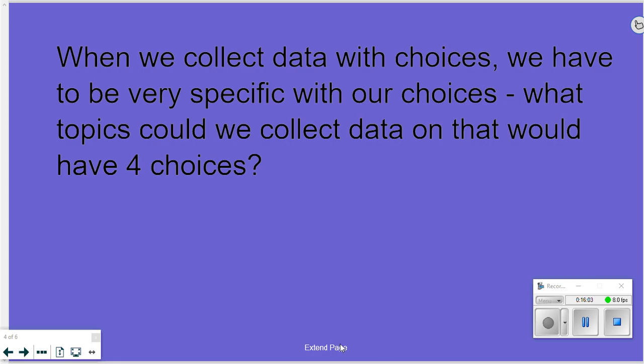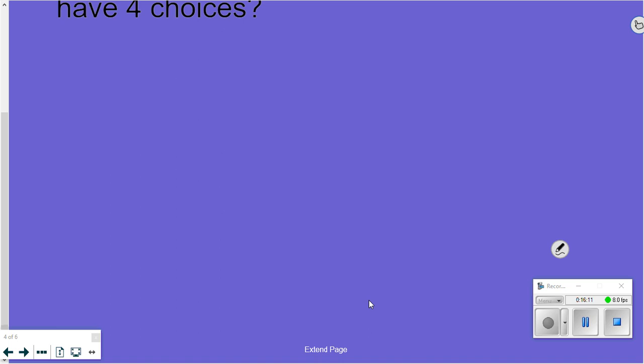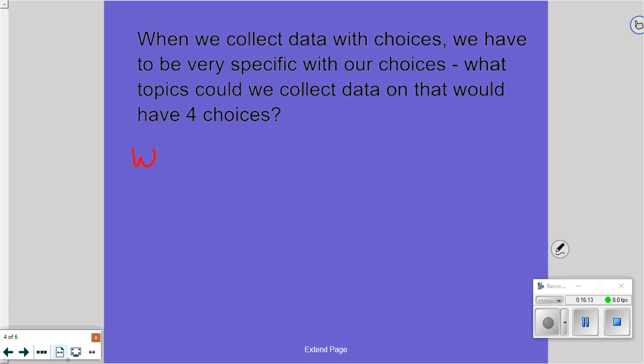So on your next blank page or under your title, I want you to write. When we collect data, that is a comma, because when we collect data is not a sentence.